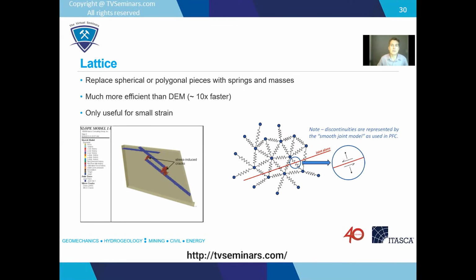And we've shown that doing it this way is roughly 10 times faster than having a bunch of spherical particles. So now it's possible to at least approach doing field scale problems with these types of lattice models. The drawback here is that really this is only suitable for small strain. You wouldn't be able to use this for those cutting type problems like I was showing before.